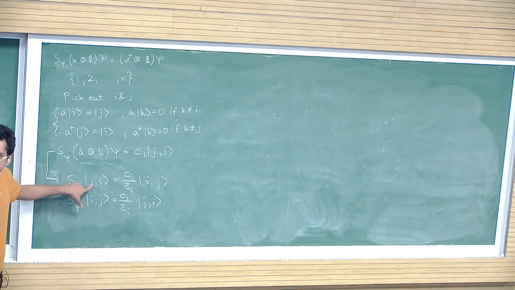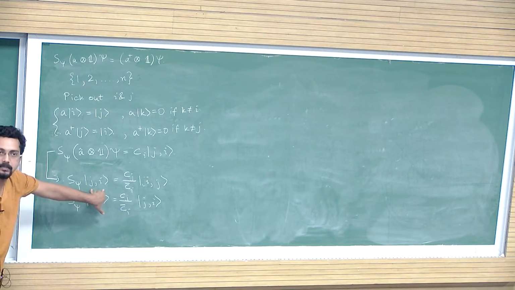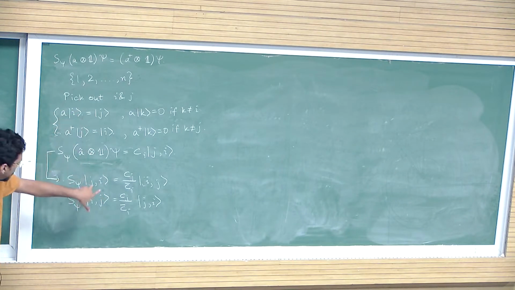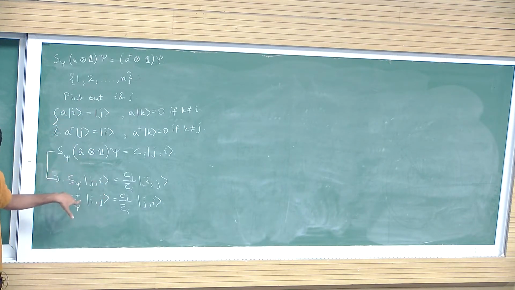Now these are just generic, arbitrary basis states in the full Hilbert space, so you have a complete description of how S psi will act on any arbitrary state of HAB.